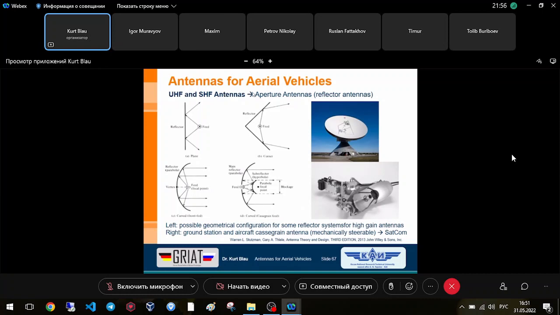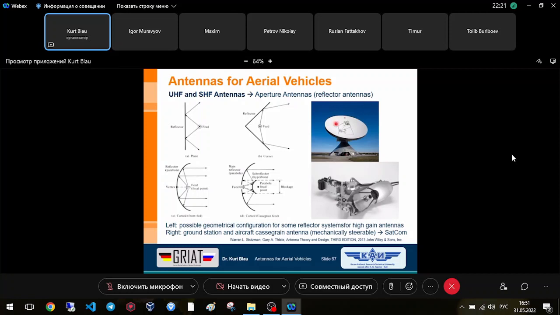For instance, you can see here, I switch to the laser pointer. You can see here this very large dish for observation of sky, means of incoming radio waves from the atmosphere or from the background of our universe.